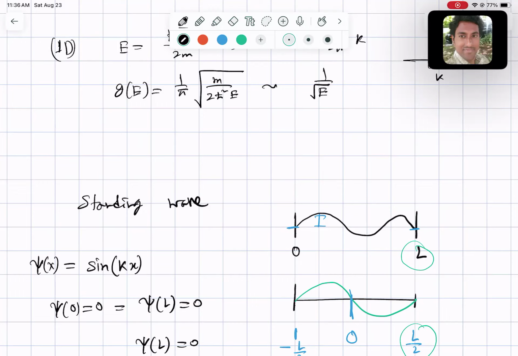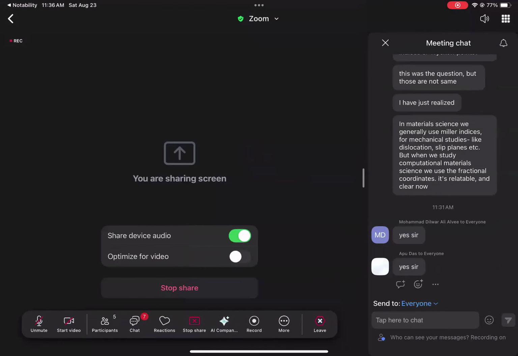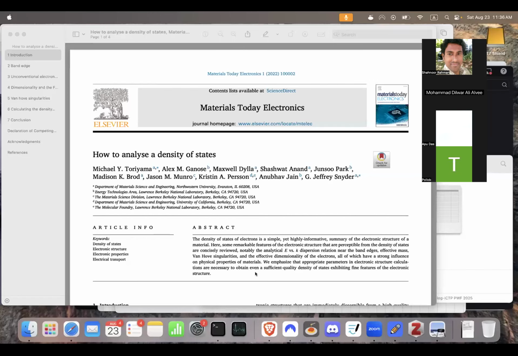Okay, let me share my screen, the desktop screen. We're almost done today. Can you see my screen? Yes, sir.